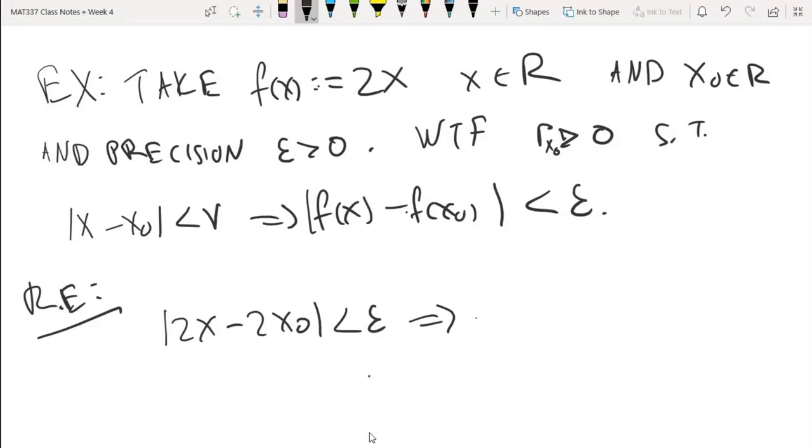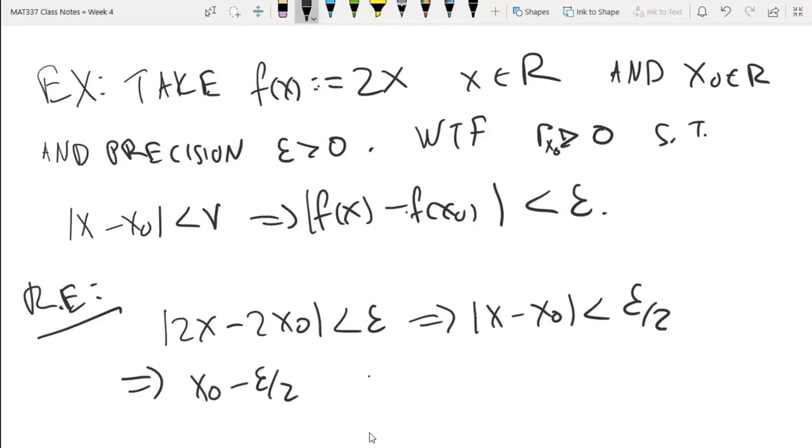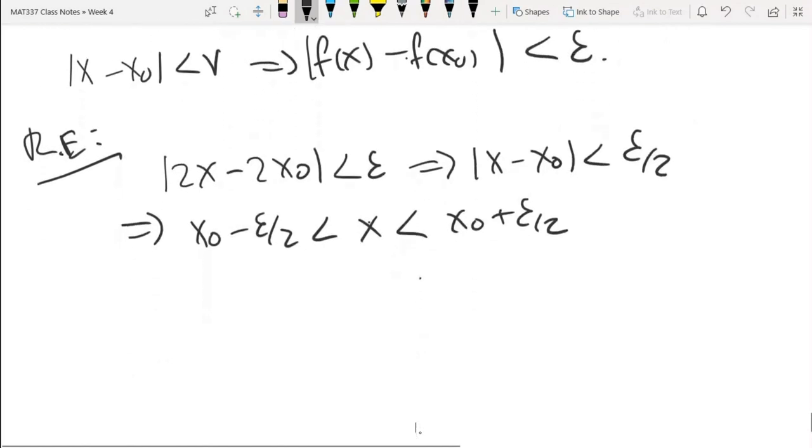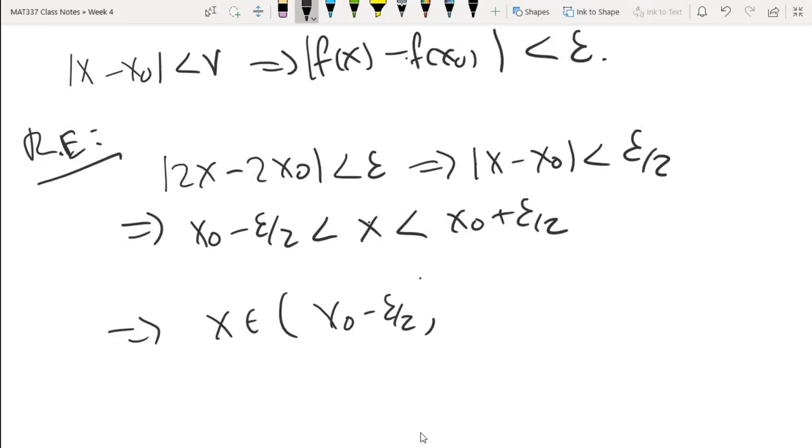I'll do it step by step. Then we open the absolute value. So we get that x has to be within this.